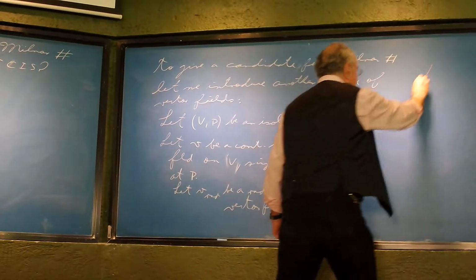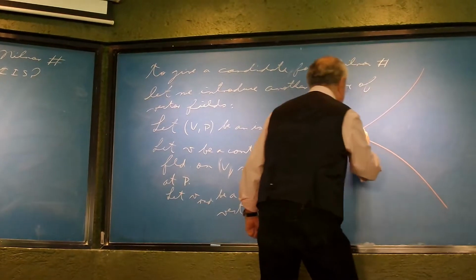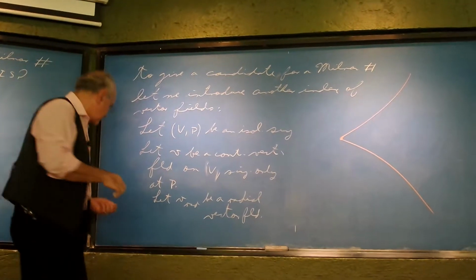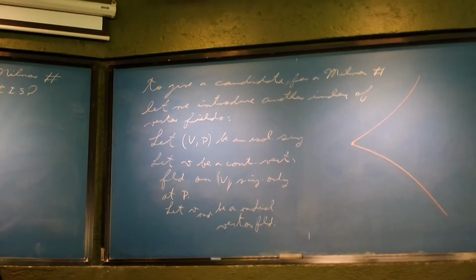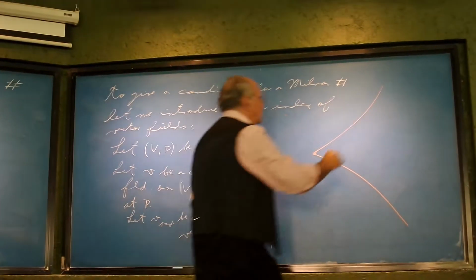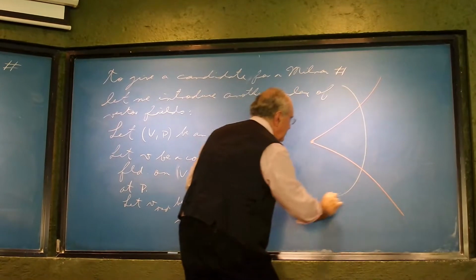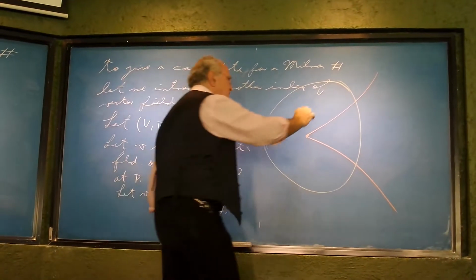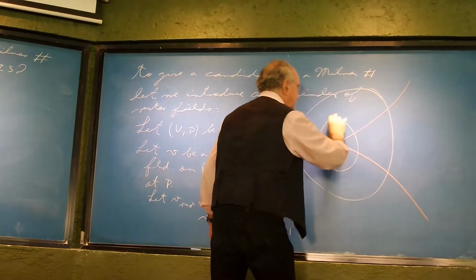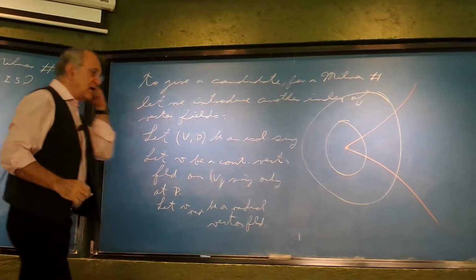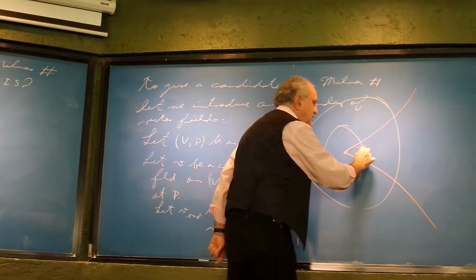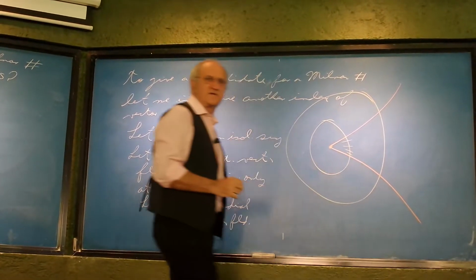So you have the singular variety, and we know it has a local conical structure. So look at the intersection with a small sphere, and take a smaller sphere. Now look at this radial vector field restricted to the intersection of V with a small sphere.